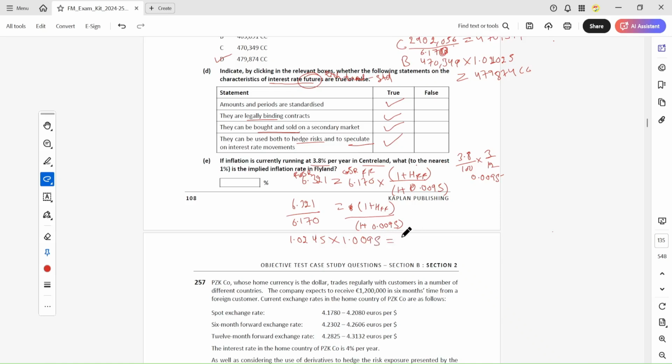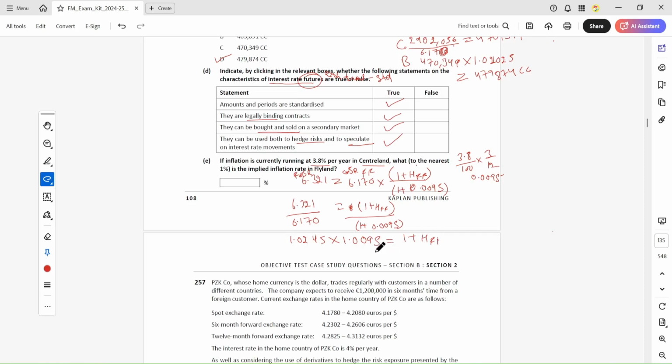1.0095, all 1 plus. Why is this not working?